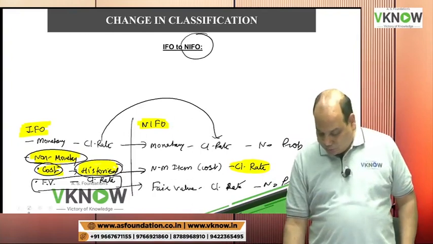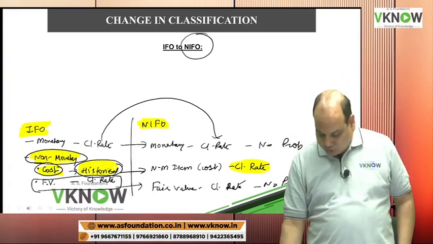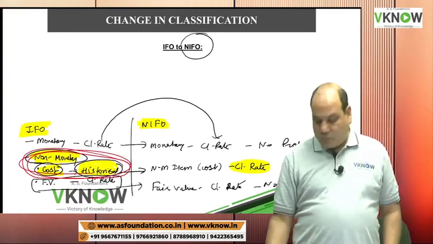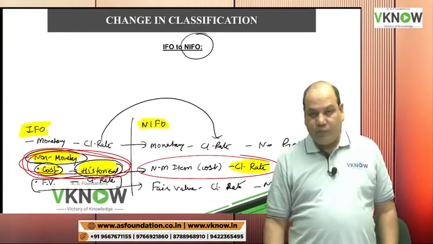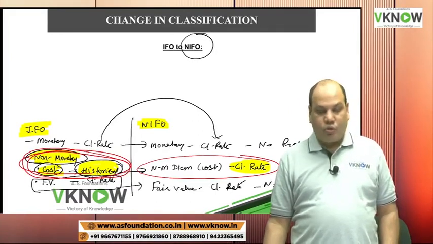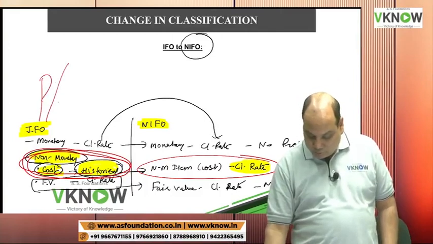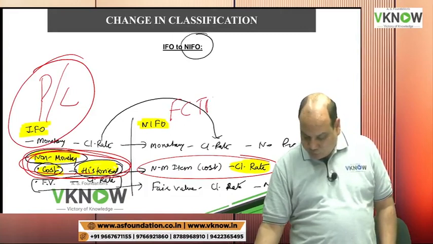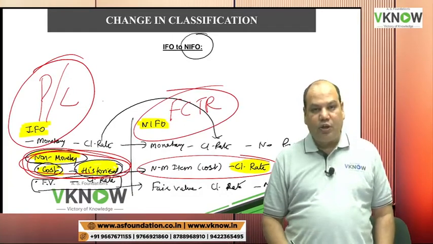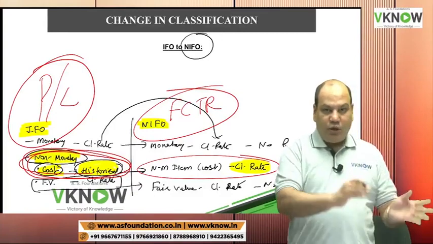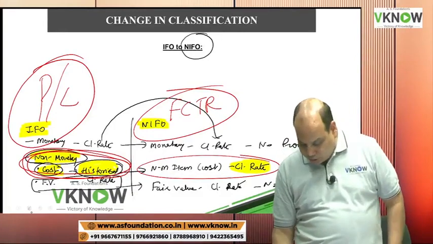In integral operation accounting, non-monetary items which are carried at cost are measured at historical rate, whereas in non-integral, closing rate. Here the difference goes to the P&L account, here the difference goes to FCTR. So we are moving from integral to non-integral.